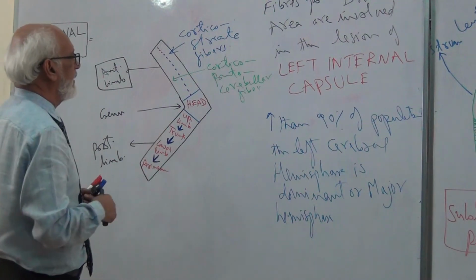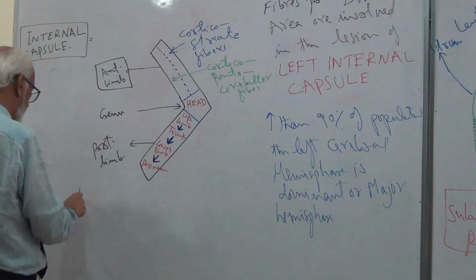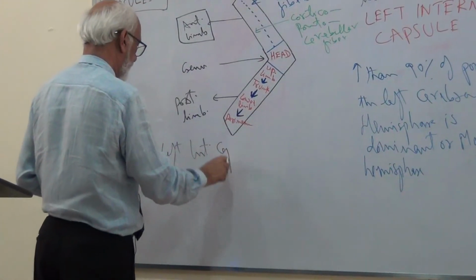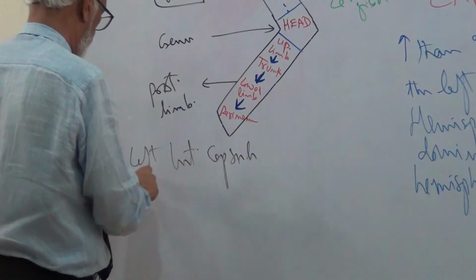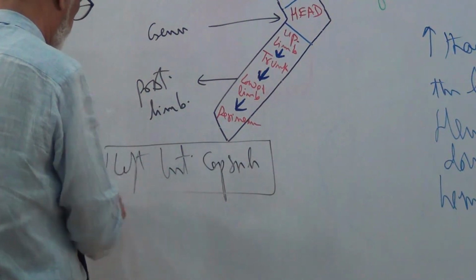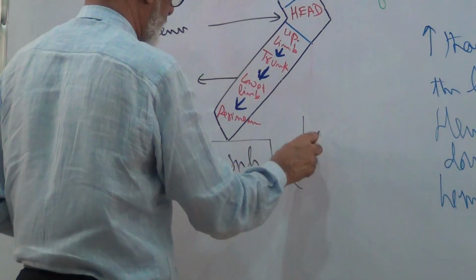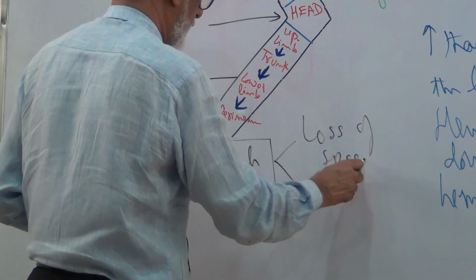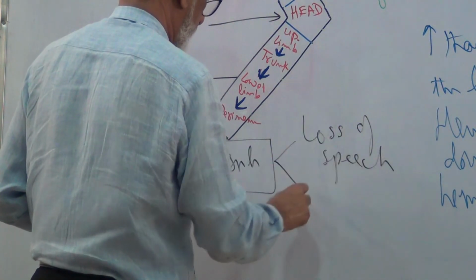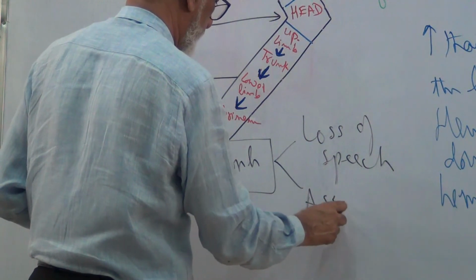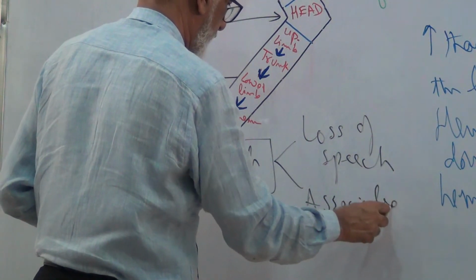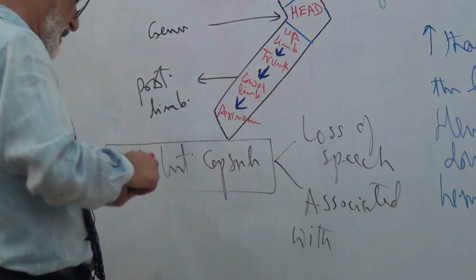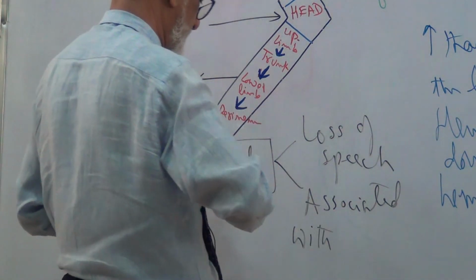So when the left internal capsule is damaged, it will result in loss of speech, associated with right hemiplegia.